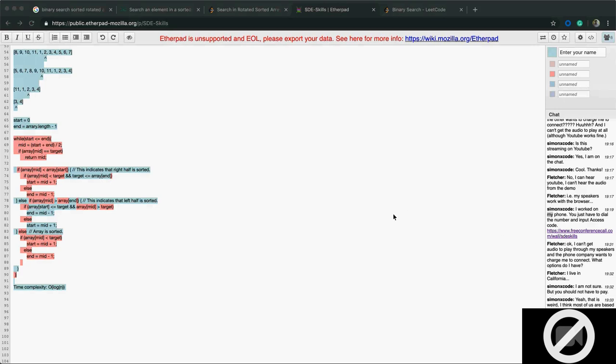Will the code work if the numbers are all the same, like if I just have 555555555? Yeah, that's a good question. It depends what we are trying to find.